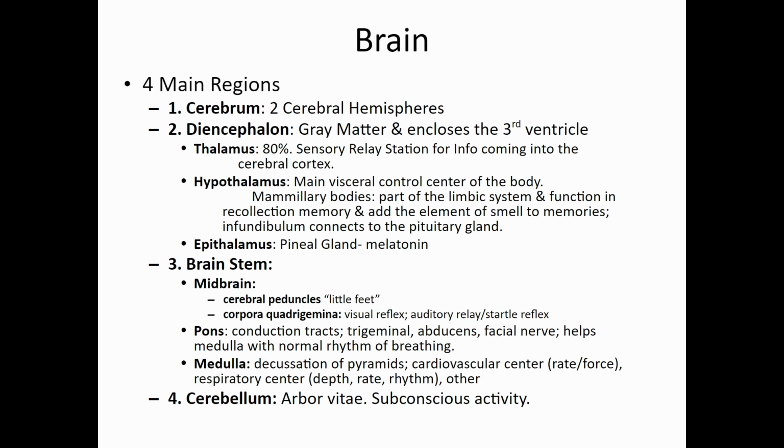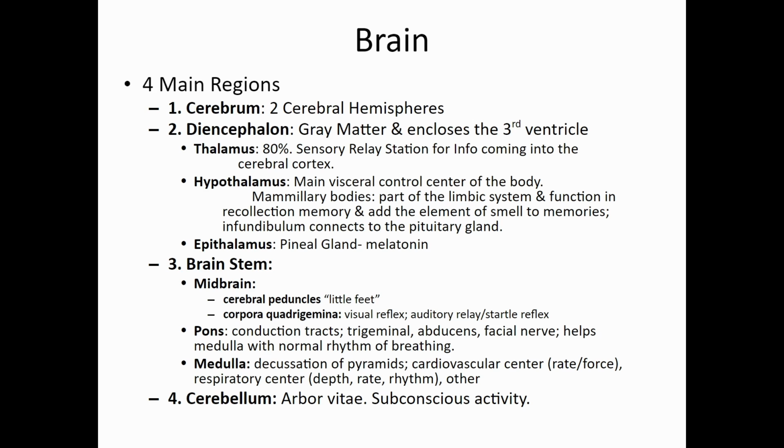The diencephalon consists of structures that are the relay station for incoming sensory information, the location for a lot of homeostatic mechanisms, the main control for the autonomic nervous system and the endocrine system, your thirst and hunger center. All of those functions, they fit the hypothalamus. And the epithalamus contains, at least mostly, the pineal gland. And this is a gland that secretes melatonin, and that helps regulate your sleep and wake cycles.